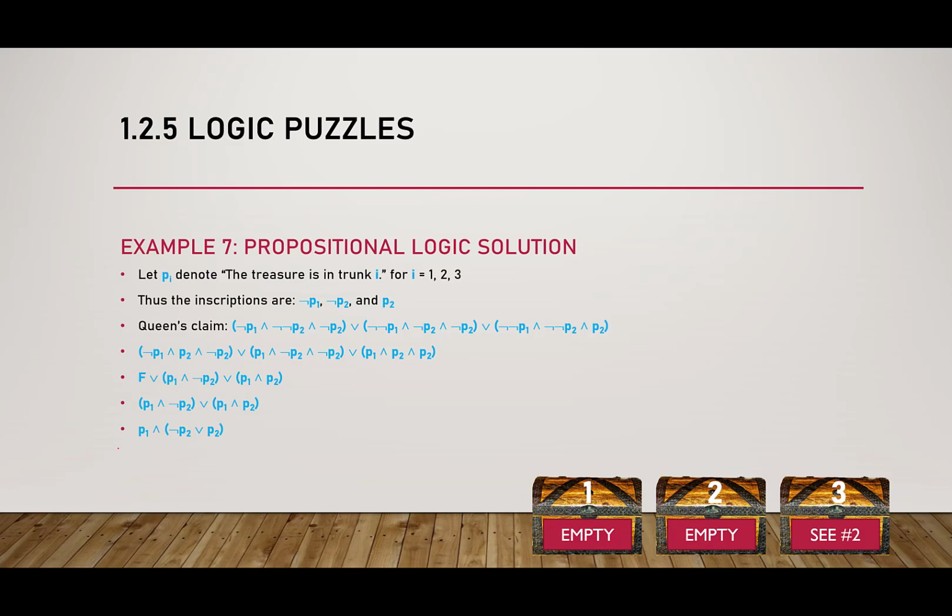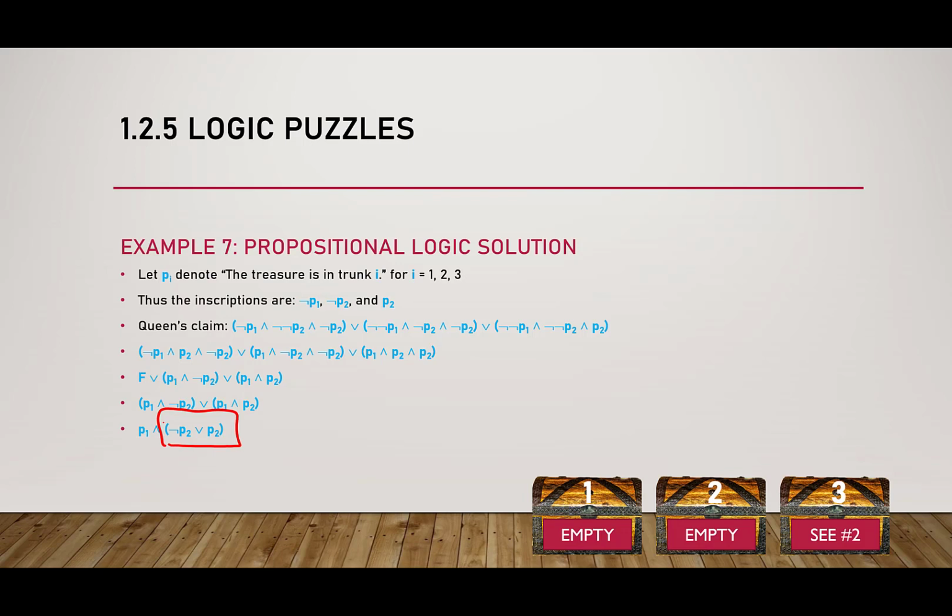So now we're left with this, not quite final thing, P1 and not P2 or P2. Okay, well, we know this must be true. It has to be true because not P2 or P2 will always be true, because if not P2 is true, then P2 is false, but if P2 is true, then not P2 is false, right?